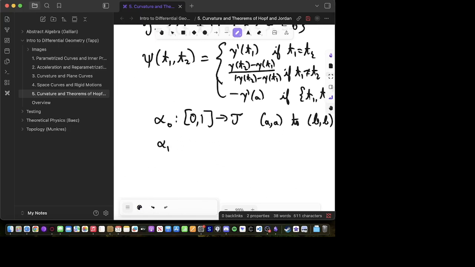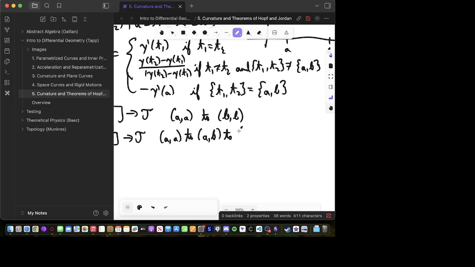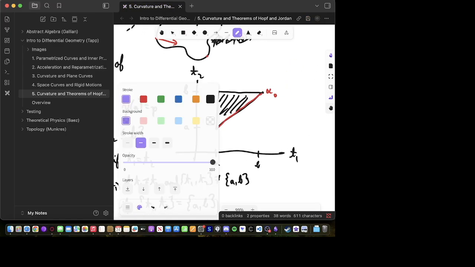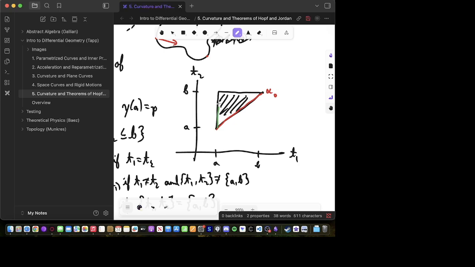And then let alpha 1 from [0, 1] to T be a parametrization of the line segments from (A, A) to (A, B) to (B, B). It seems that you would be able to interpolate between alpha 0 and alpha 1.